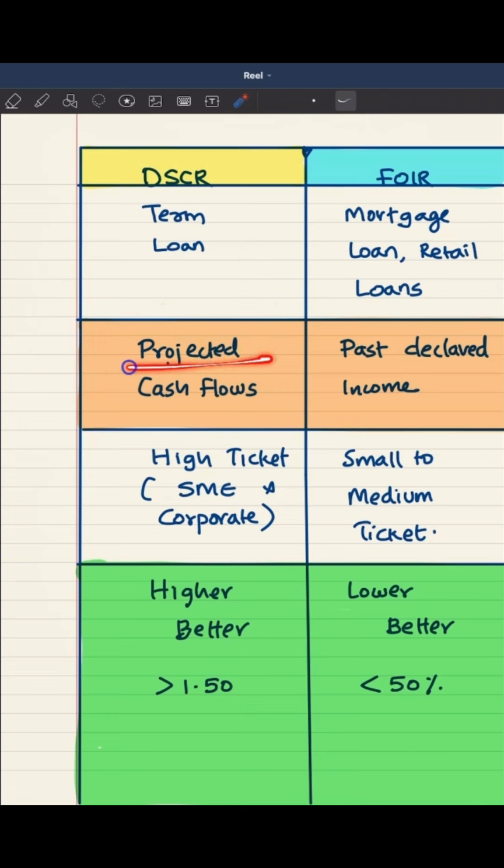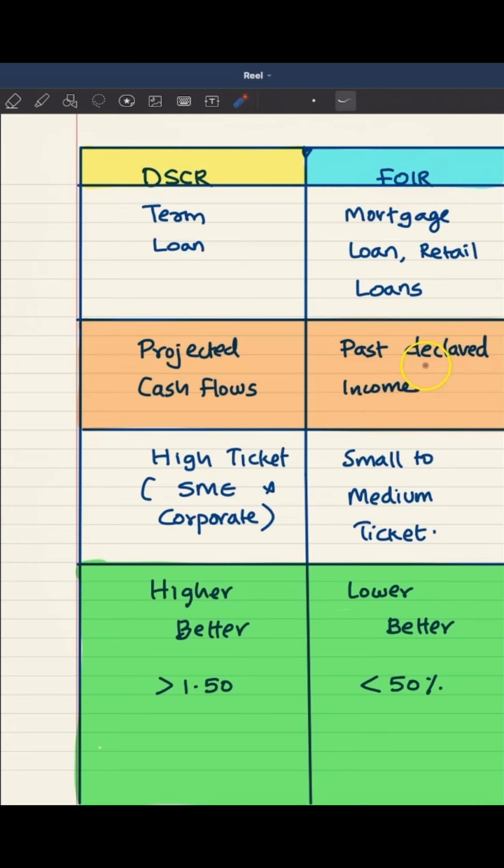So it is purely based on projected cash flows. So it is like building a castle in the air. So even a company which had zero cash flows in the past can still go for a term loan and DSCR can be calculated. Whereas FOIR is purely based on past declared income.